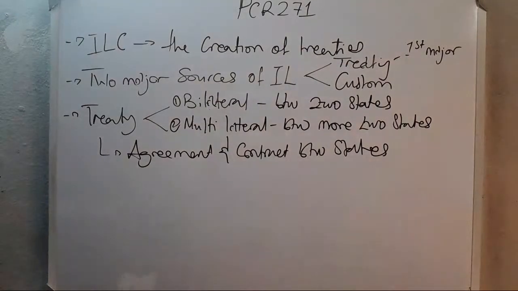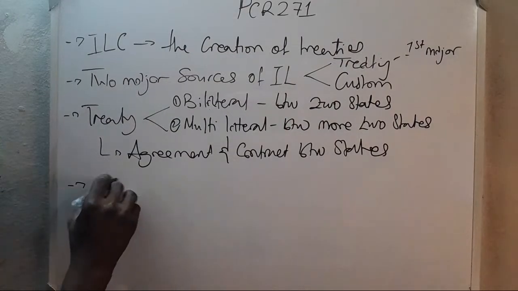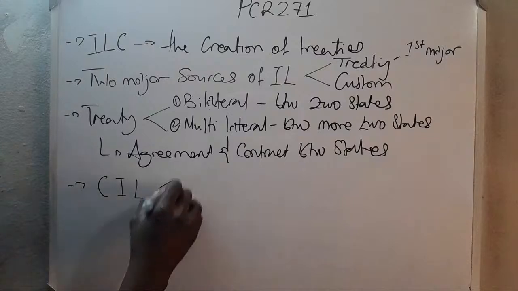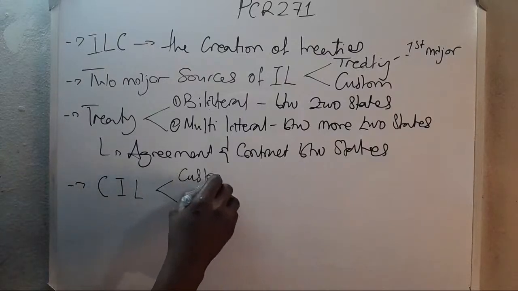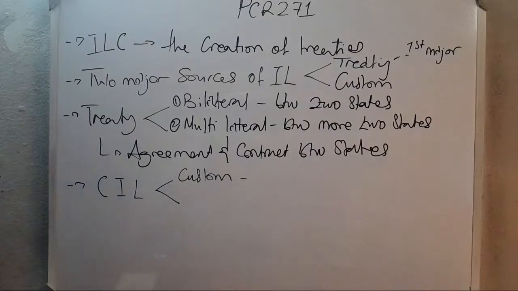Now the first is the custom itself, as it is said that there are two elements required in customary international law. You have the custom itself.